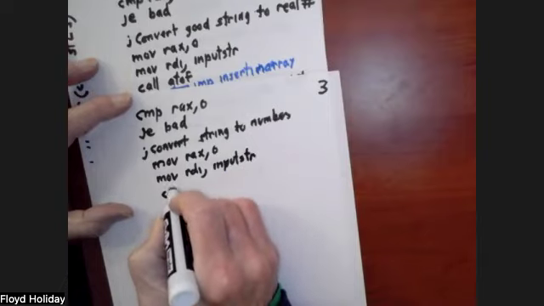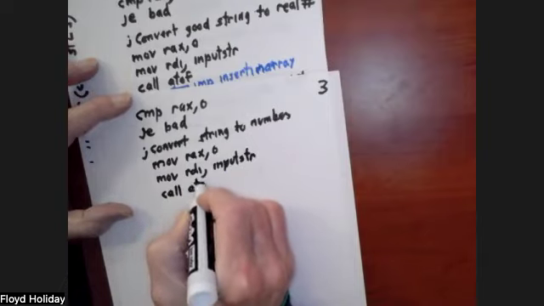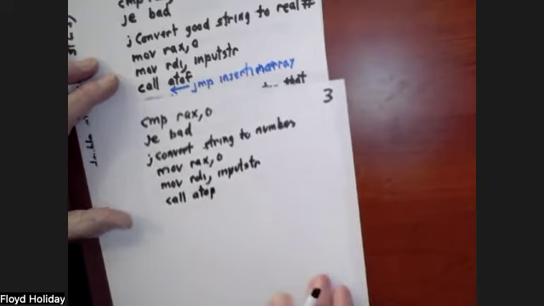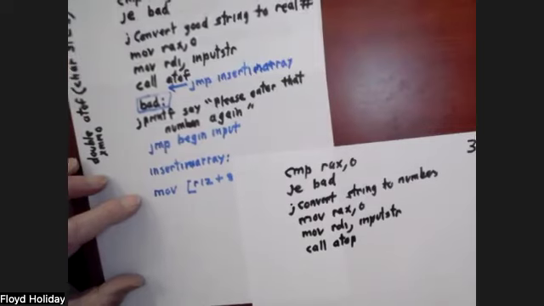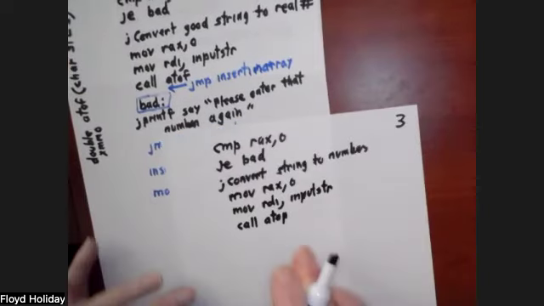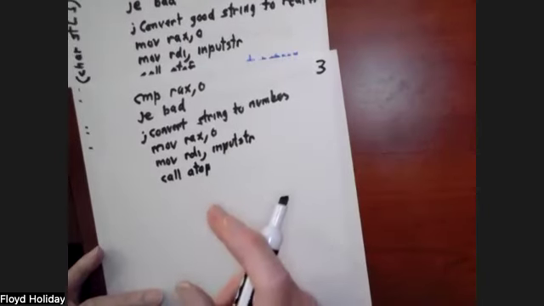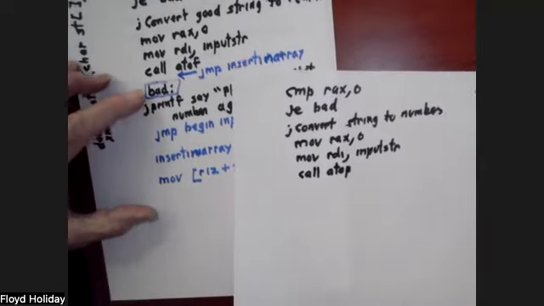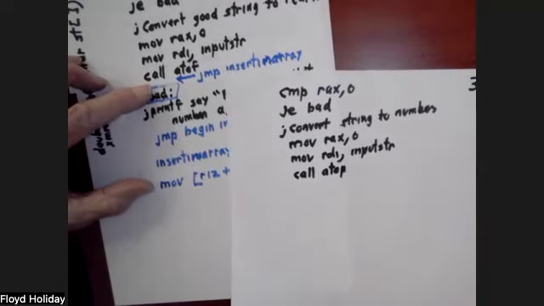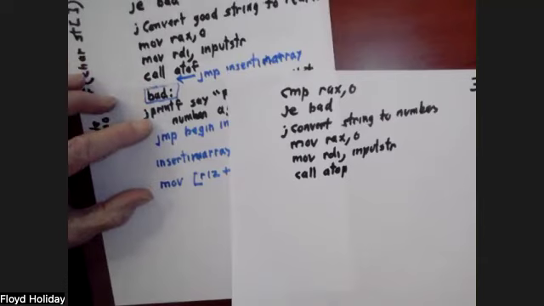Call ATOF, and ATOF puts the converted number in XMM0. Did I need to do anything more in here? Maybe I did.